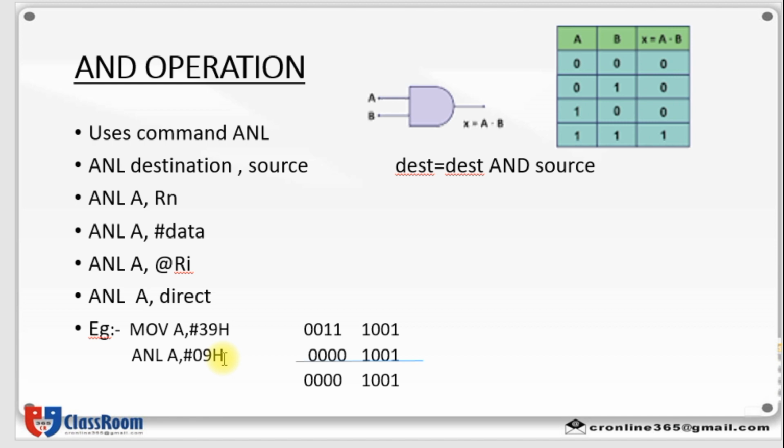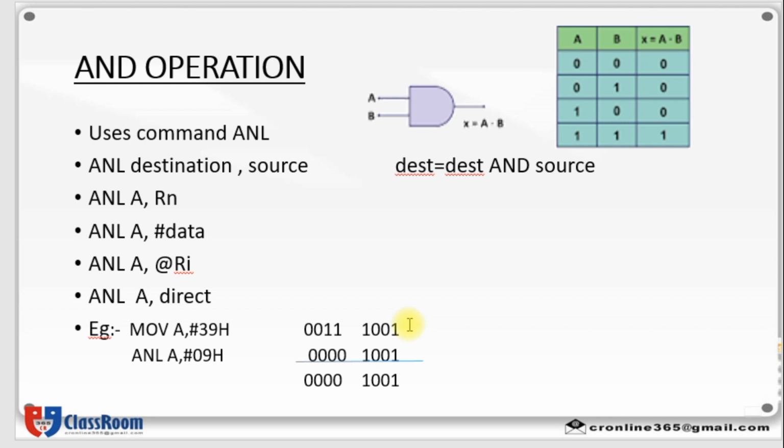You have to use the AND operation for this 39 with the 09. 39H can be represented in binary format as 3 is 0011 and 9 is 1001. ANL A comma hash 09H means A will be having the value 09. That 09 in binary format is 0 as 0000 and 9 as 1001.